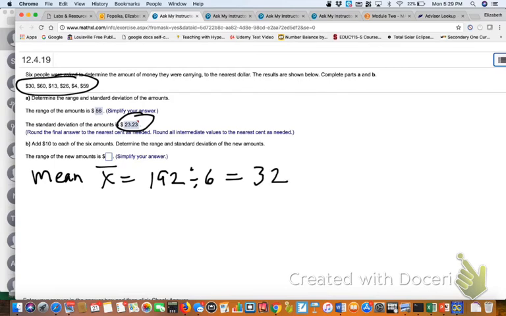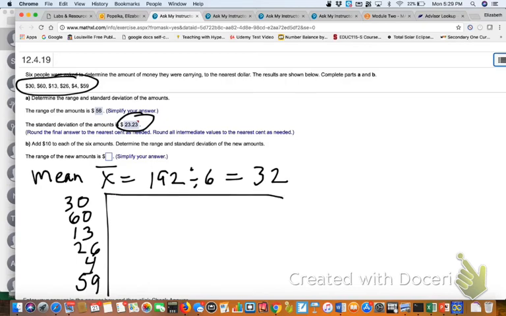Then the next step is to make that little chart. I'm going to put all the data pieces here. And then remember, your next step is that you have to take the number and subtract it from the mean. So if I do 30 minus 32, I got -2.